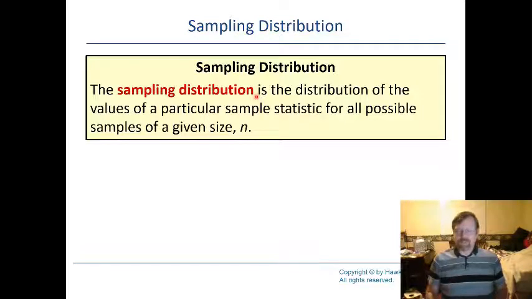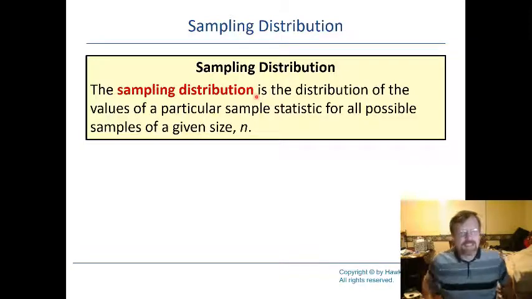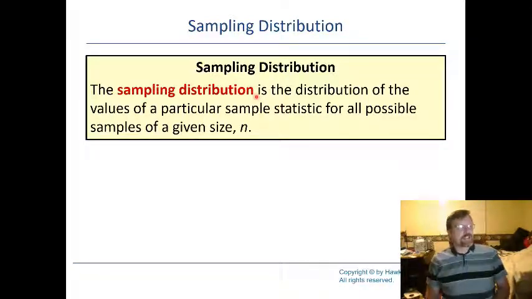So if you're like me, you look at that and go, huh? It's not a very clear definition. The examples later on will make it a little bit more clear, but basically, a sampling distribution is the distribution consisting of the descriptive statistics of various samples.